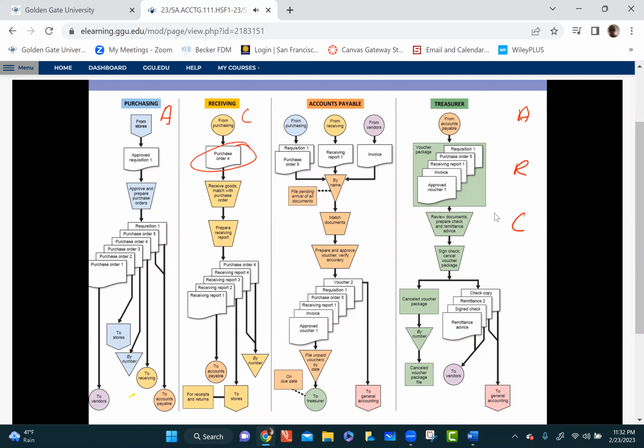Custody. Remember, it's a 4-copy. The accounts payable department was doing some record keeping, and for the treasurer I'm going to put an A and a C there, because they are able to authorize the payment. So in effect, they have custody of the actual cash. Just to summarize what we put, you can glance at that on your own, not a big deal here.